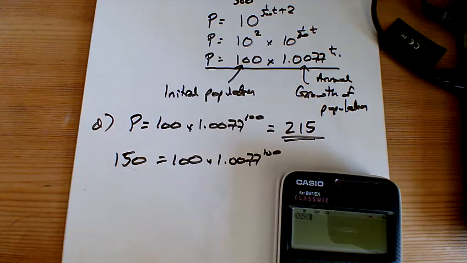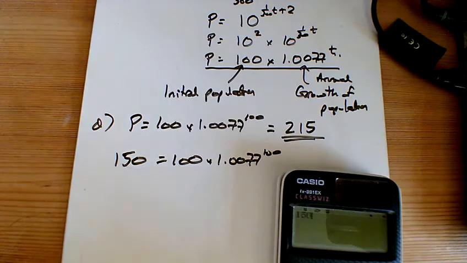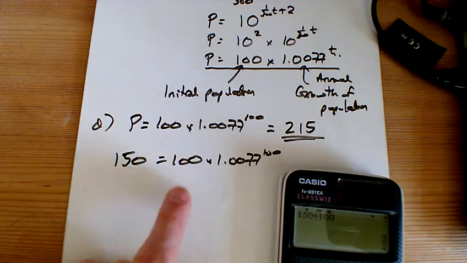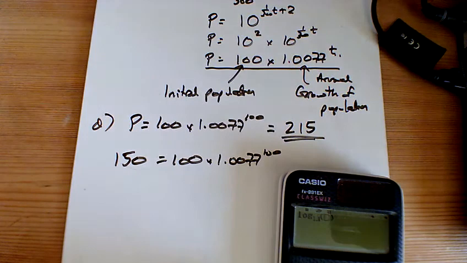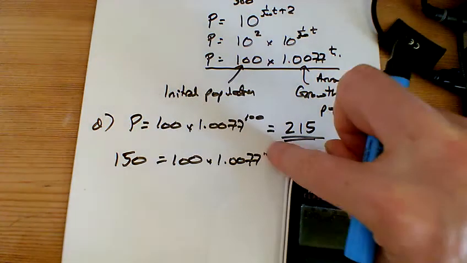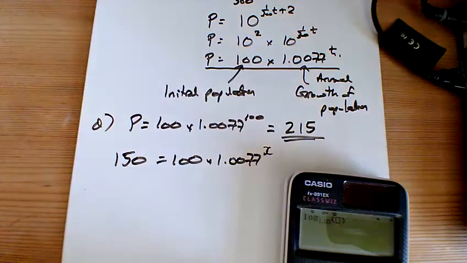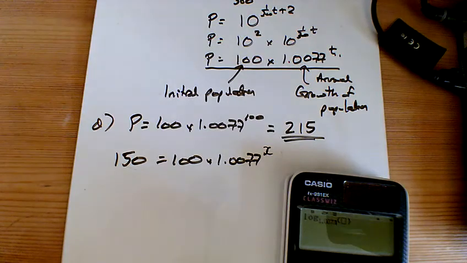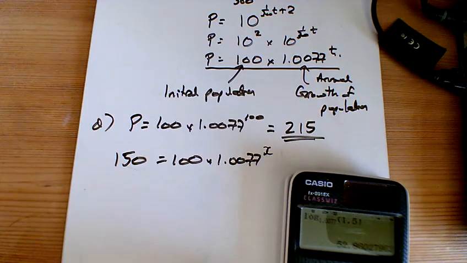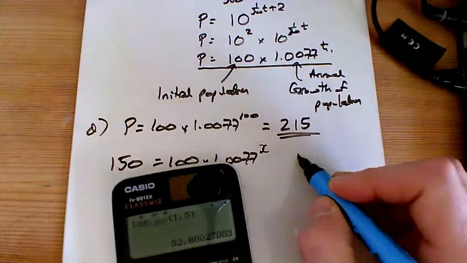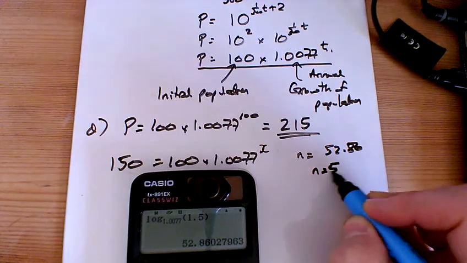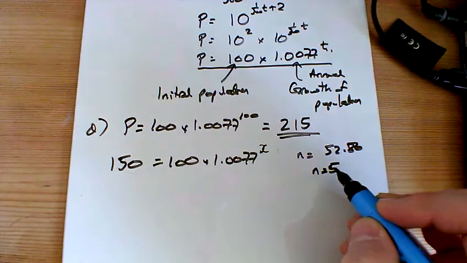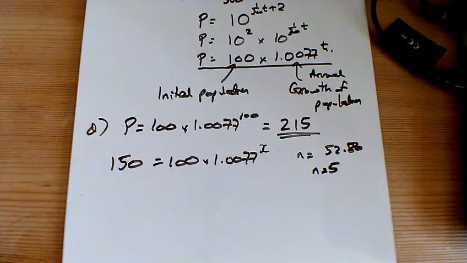We're going to do 150 divided by 100, which of course we know is 1.5, and then we're going to do log to the base 1.0077 of 1.5, and it says that n here will be 52.86 years. To the nearest year, I suppose, would be about 53 years.